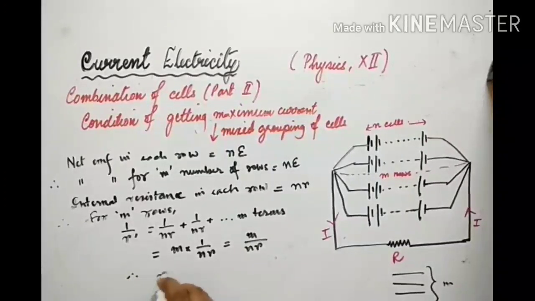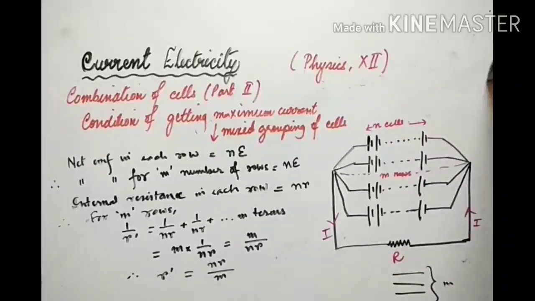Therefore R prime can be written as nr by m. So this is our internal resistance for m number of rows. Pause it and see it once if you are unable to understand.